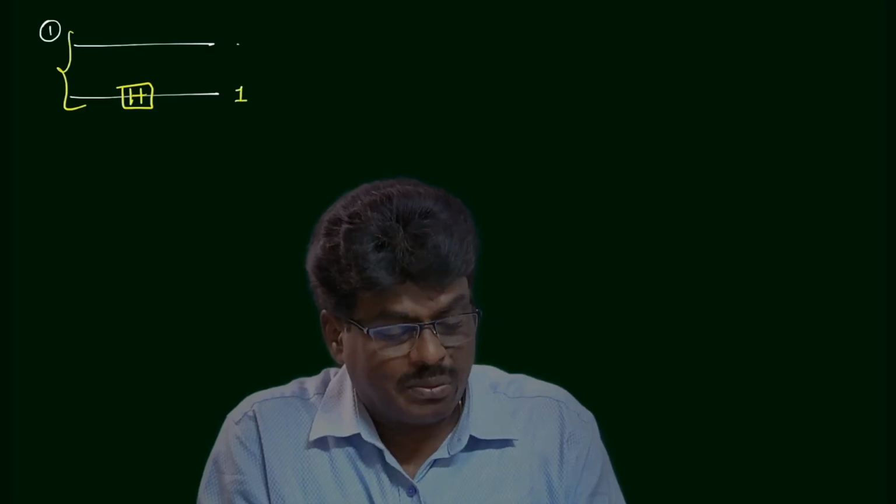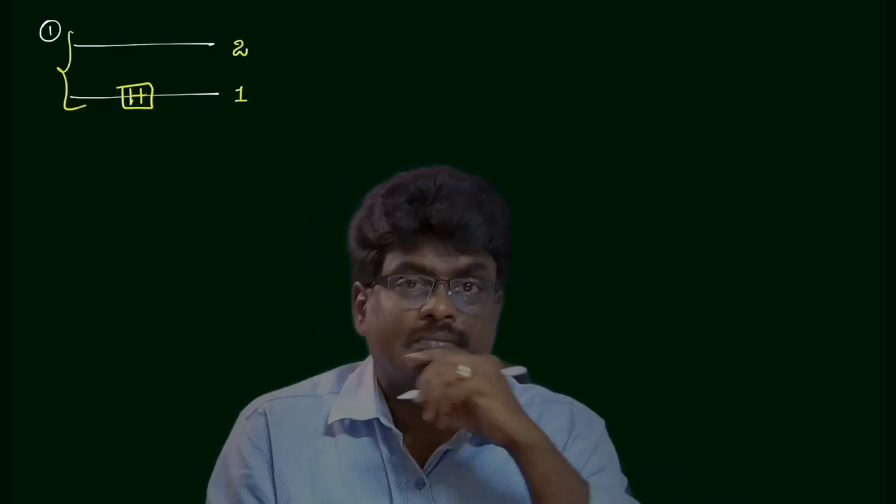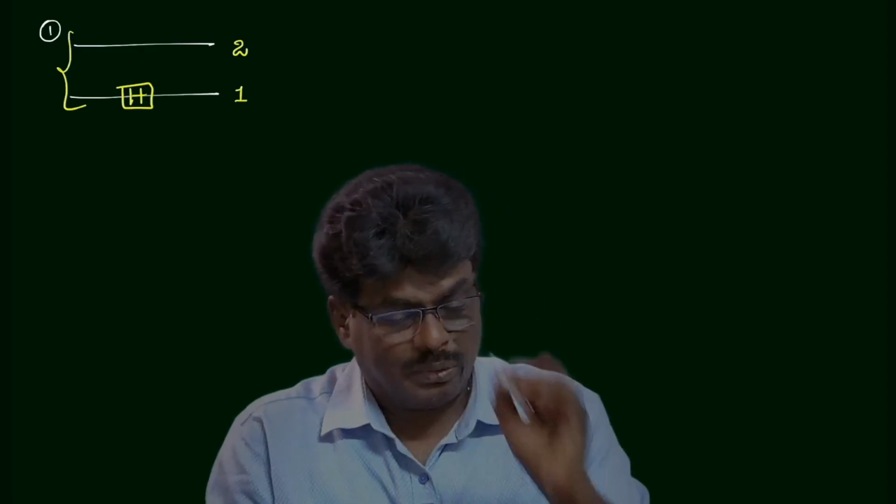Okay, now let me explain a small example for this 2 qubits. Two qubit states are there, but a single qubit only we are using in the circuit. Now for example, let me take this example. We have Hadamard gate here, okay, and here nothing is there, but we have 2 qubits, that means identity is there. So 2 qubit states, here it is a 1 and a 2. I hope you are following.